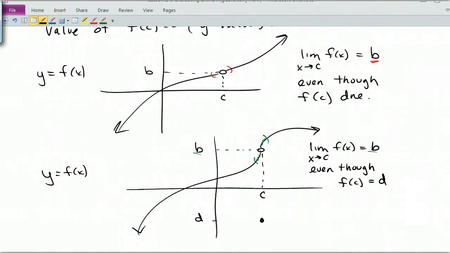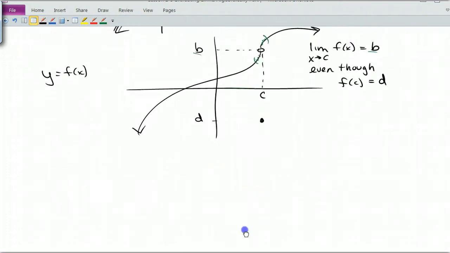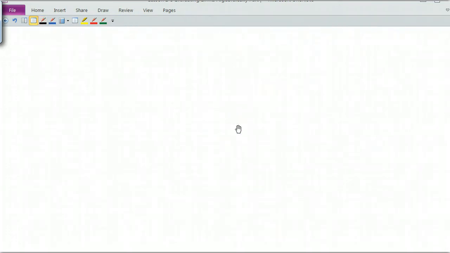Okay, now we're going to look at it algebraically. What happens algebraically?